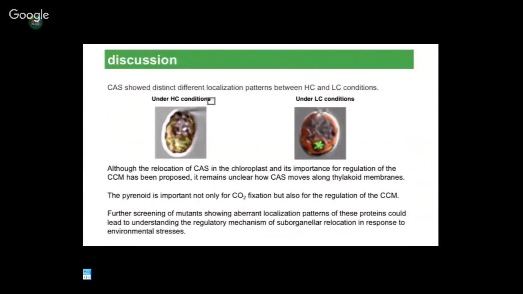In high CO2 concentrations, GAS is dispersed in the chloroplast, but in low-CO2 condition, the localization changes into the pyramid in the same cells. You changed the condition? Yes. And you can see the fluorescence moving? Yes. Oh, great. Thank you.